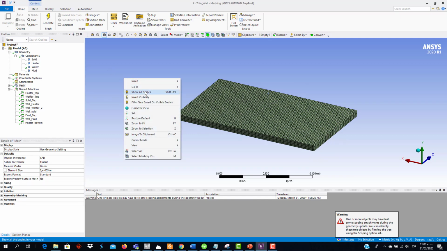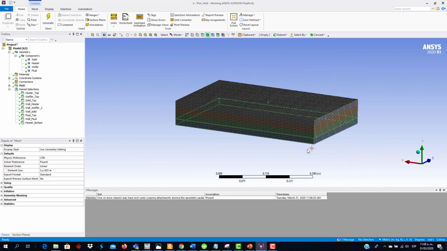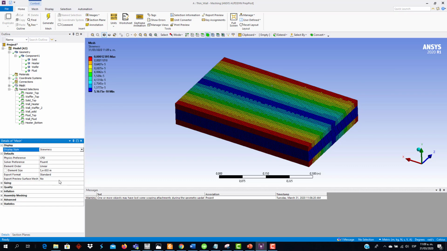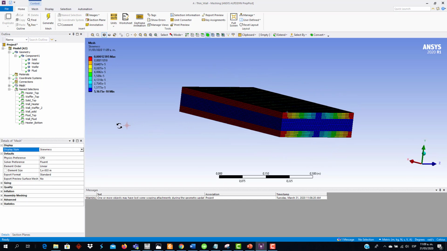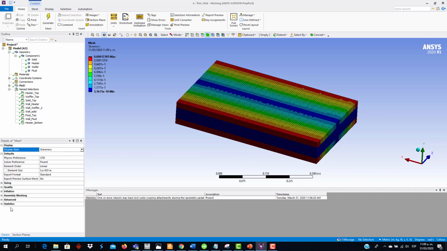and we are going to show all bodies, and we have here our mesh. It is a very simple mesh. We can view our skewness. It's very low skewness. Then this is a very good mesh, even though it has few cells. It has approximately 95,000 cells.